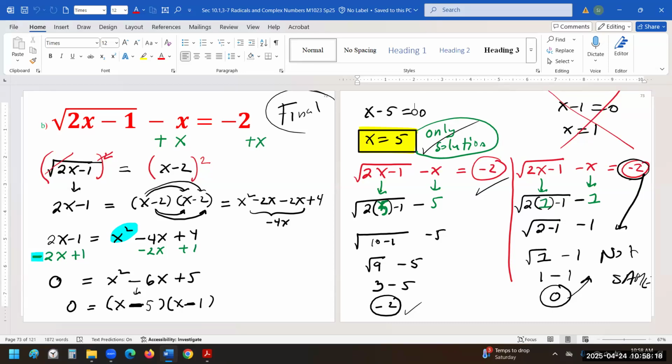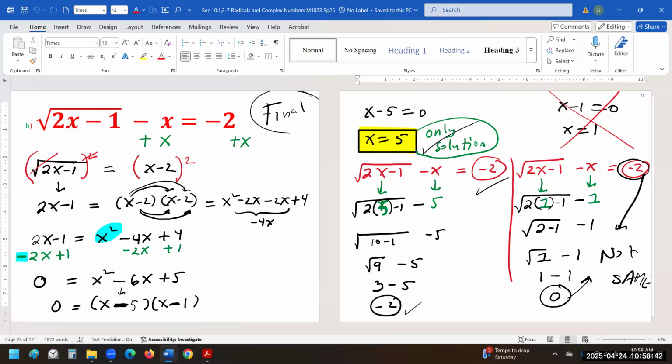So you must always check in the original equation with the radical sign. You cannot substitute into the quadratic equation. It doesn't make sense. You must always substitute in the original one. And see here in this question, x equals 5 worked, but x equals 1 did not work. The left side and right side did not give us the same number.